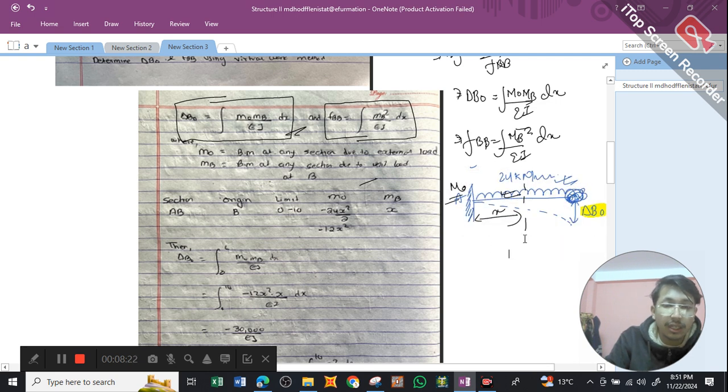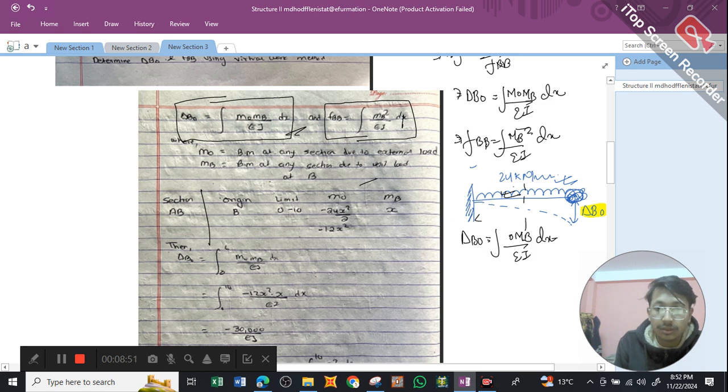We need to look at this figure in order to find, firstly, Δ_B0, because Δ_B0 refers to m_0 m_B divided by EI dx. So first, let me draw this section, section A. We will take the section from A to B. What we have over here is our beam in this way.